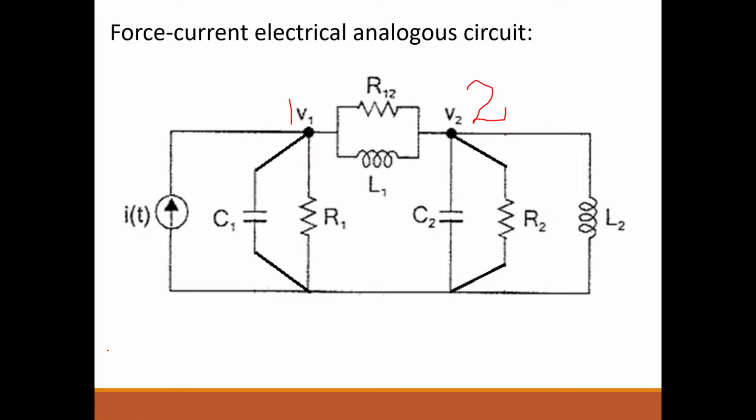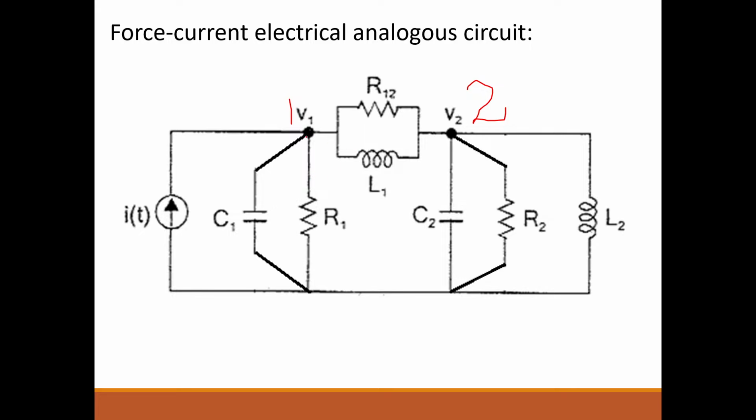I of t is equal to C1 into dV1 by dt plus 1 by R1 into V1 plus 1 by R12 into V1 minus V2 plus 1 by L1 into integral of V1 minus V2 dt. That's it, nodal equation at node 1.